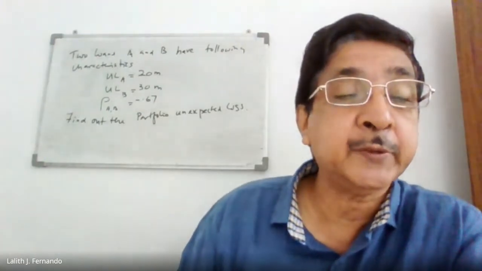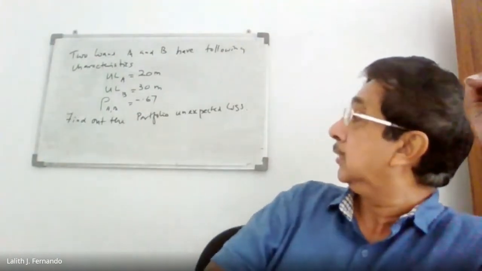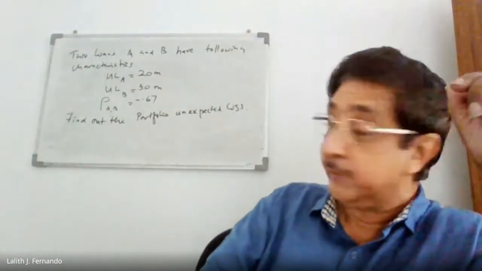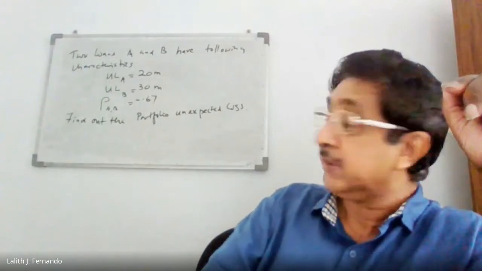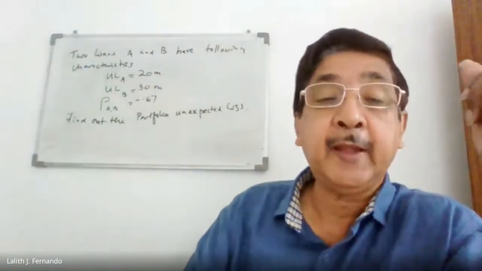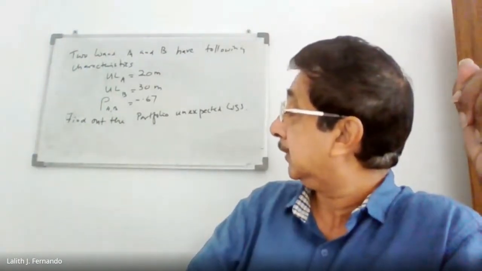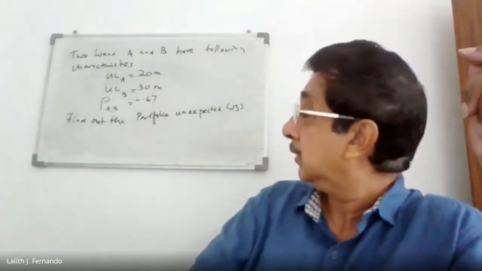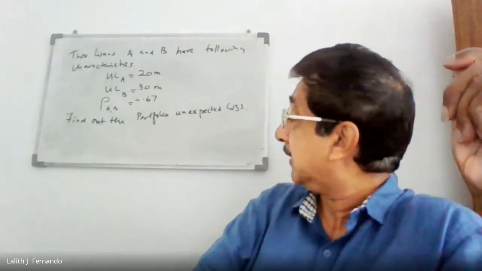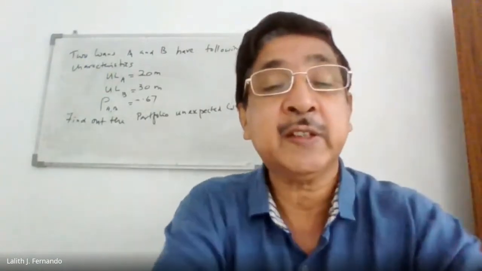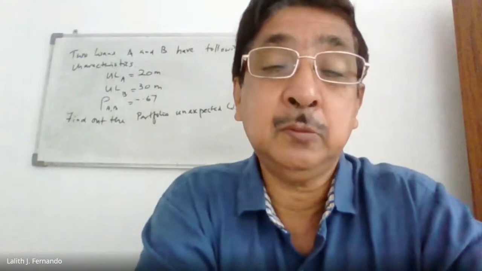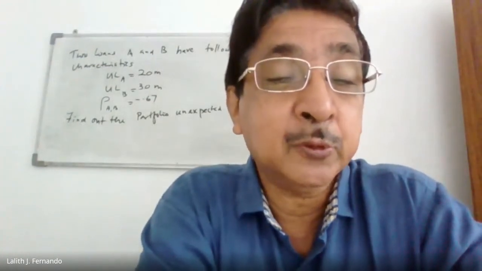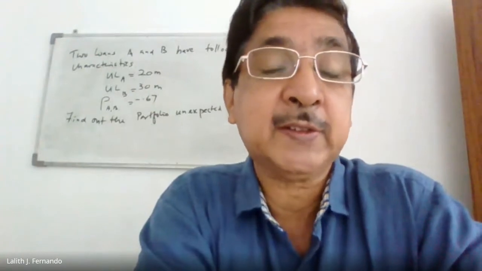Assume that these two loans are in one portfolio. UL_A, the unexpected loss of A, is 20 million. Unexpected loss of B is 30 million. And the correlation between these two loans is minus 0.67.